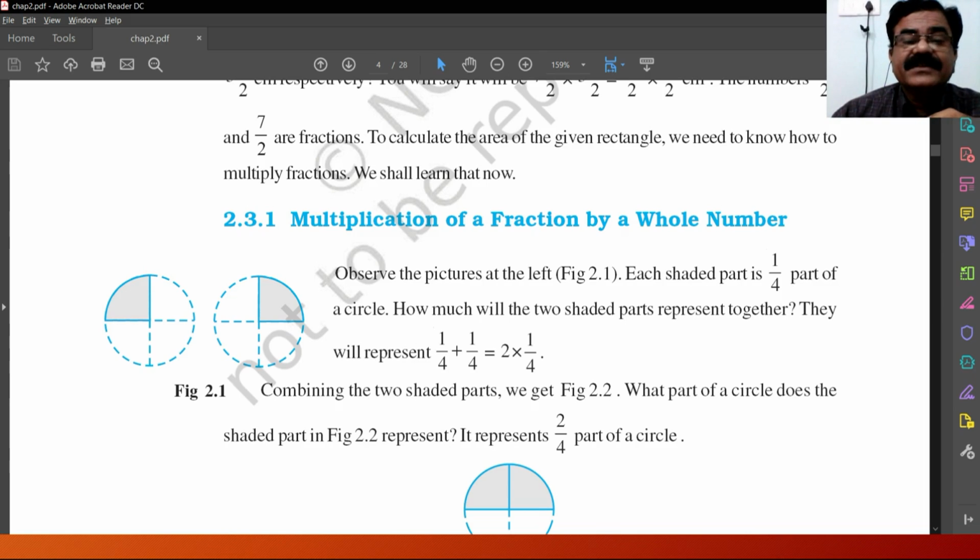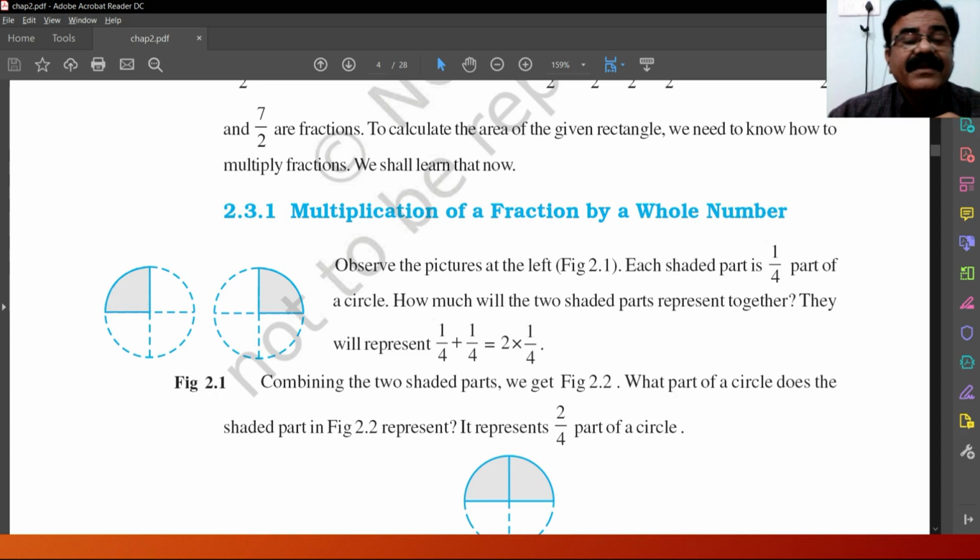Observe the picture which has been shown. You are seeing that the circle is divided into 4 parts and there are 2 circles. Each part is a quarter, 1 by 4th part of the whole.